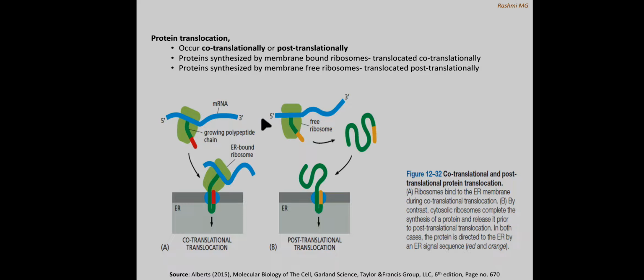The mRNA is still translating the protein, and by that time the protein is translocated to the particular organelle. Here the mRNA has already translated the protein, and after that the protein is getting targeted. Here the protein is not present yet; the mRNA is still translating the protein.